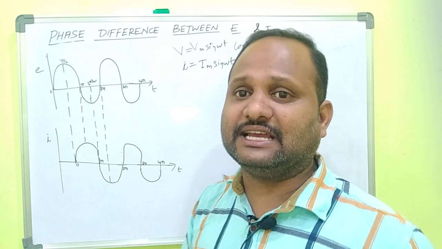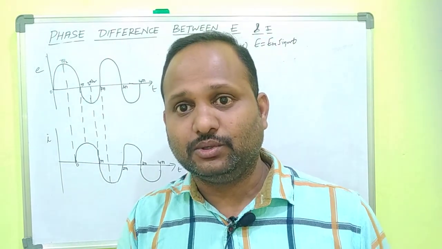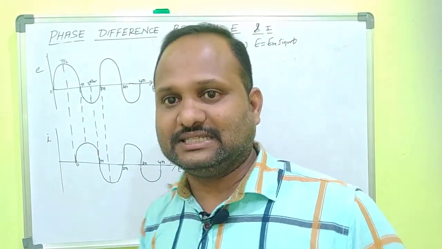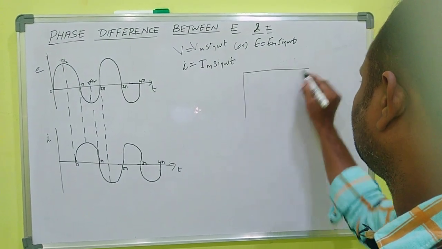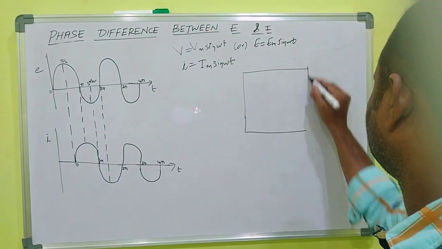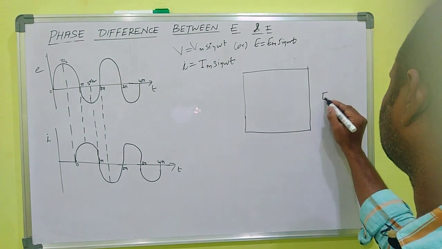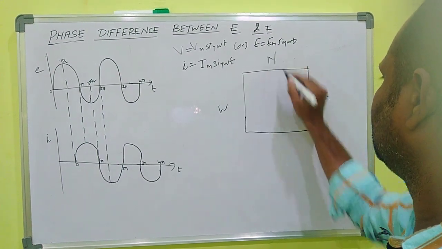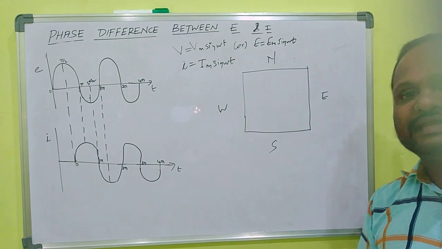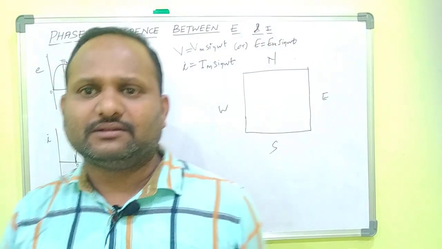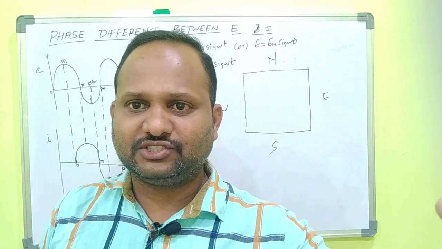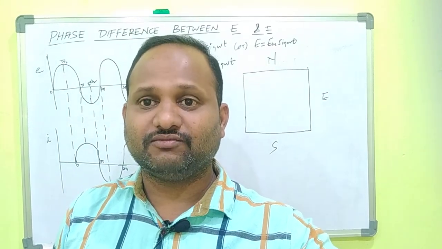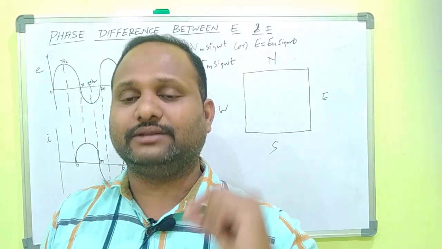Before explaining this diagram, I want to tell you an example. There is a train. In the train, the front part is the engine, where the driver drives the train.